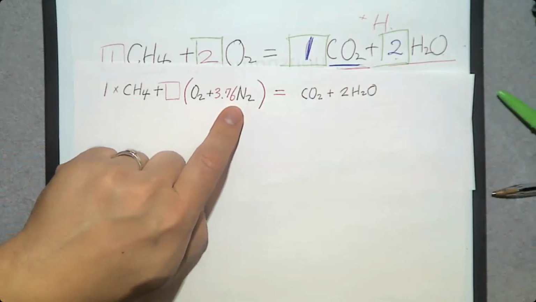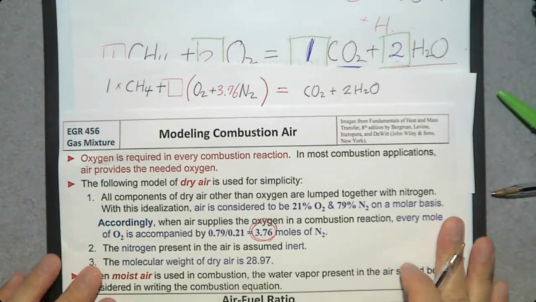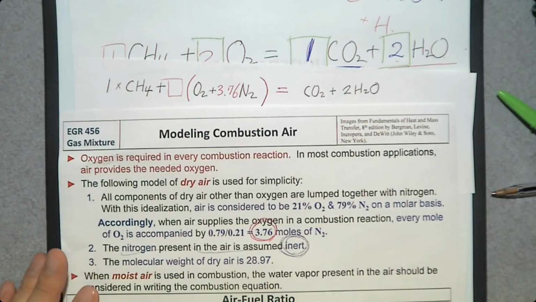Nitrogen present in the air is assumed inert. That means that it's not going to react. Is it right? In general, it is right. However, in a certain condition, this is not right. When is that? When pressure is extremely high.